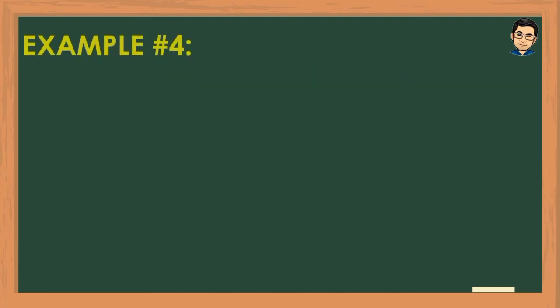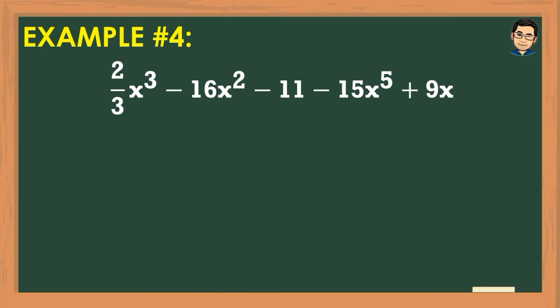So, for our last example, 2/3 x cubed minus 16x squared minus 11 minus 15x to the 5th power plus 9x. So, based sa mga exponent natin dito, yung highest degree is yung 5. Okay, so since negative siya, kasama po sa isusulat natin is yung negative. So, negative 15x to the 5th power.